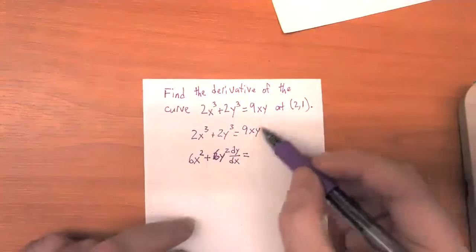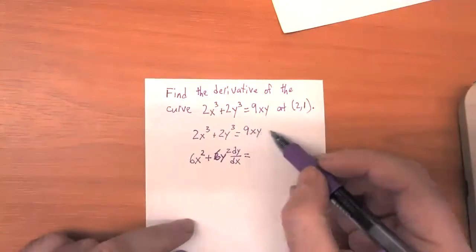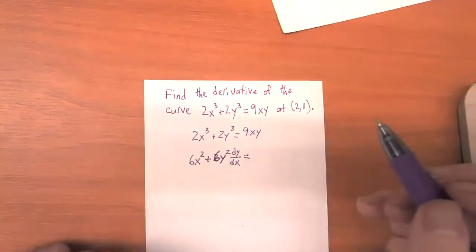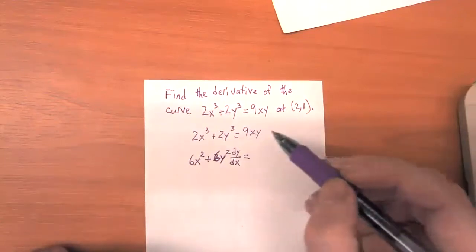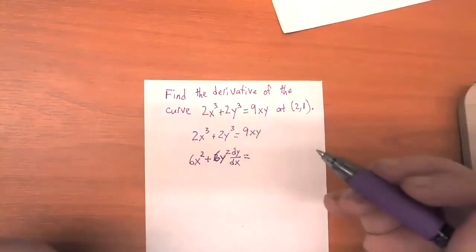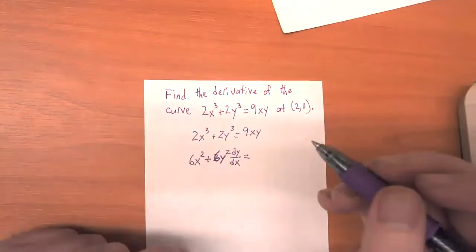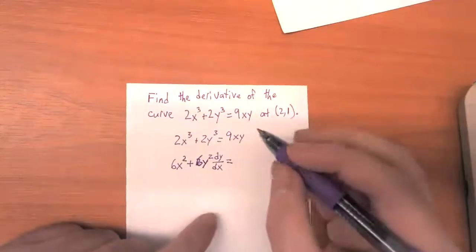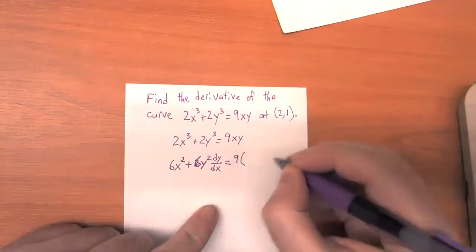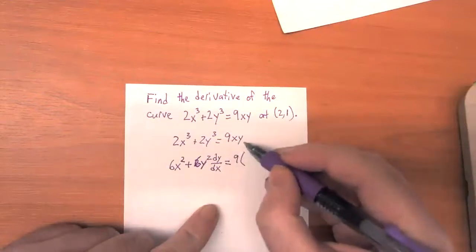Now over on the right-hand side, we've got 9 times x and y. So remember in the last video when we came across this where we were multiplying x and y together, we really needed to use the product rule in order to take the derivative here. Okay, so this was equal to, well, let's separate out the 9 first, and then we'll take the derivative of xy.